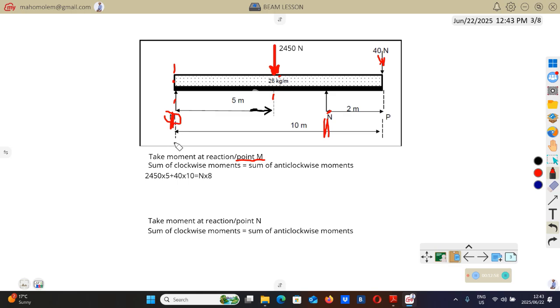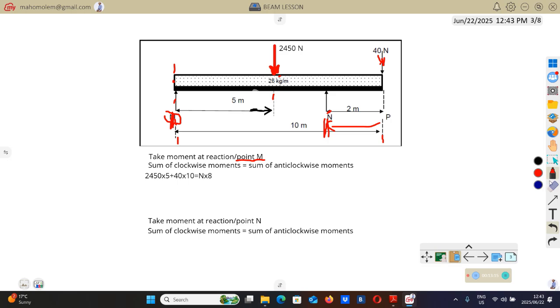Remember, you will get it by saying 10, which is this total length, minus 2. So 10 minus this 2 will give you the remaining distance of 8. So that's where this 8 is coming from.